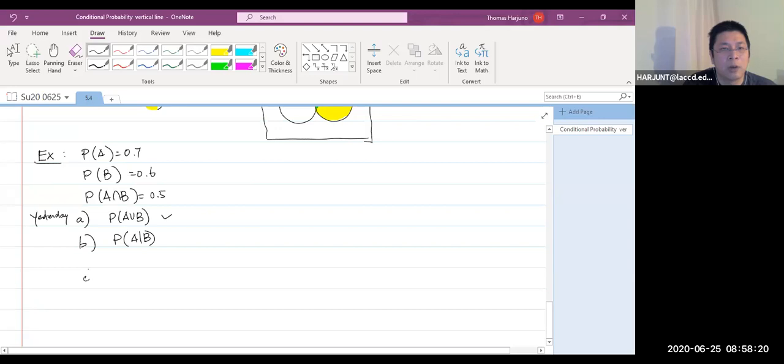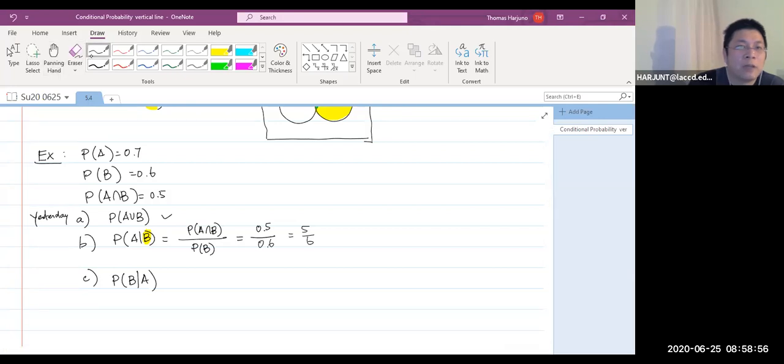And then probability of B given A. Remember, the given is on the denominator. Probability of A given B is the probability of the intersection, which is 0.5, over the probability of the condition, 0.6. In fraction, that's 5 over 6.